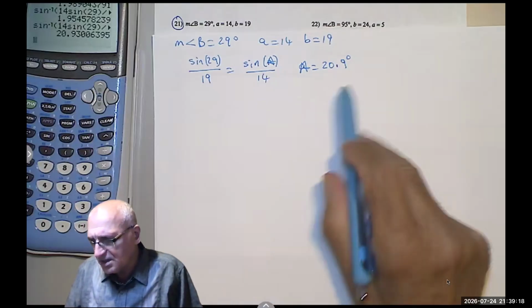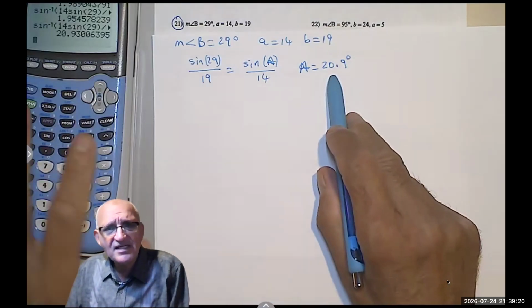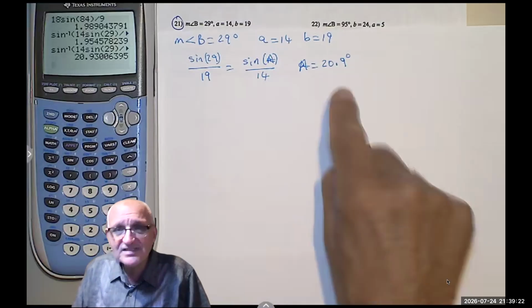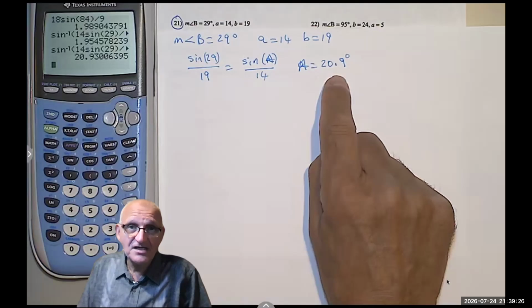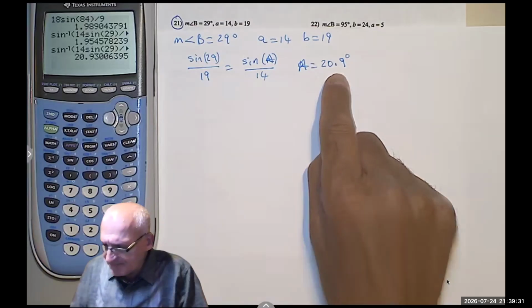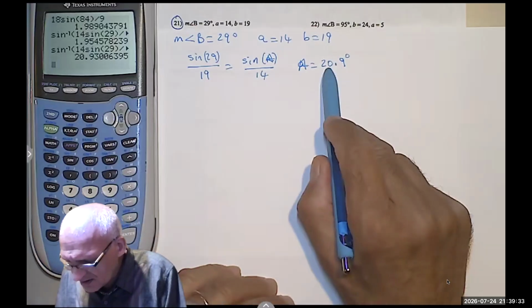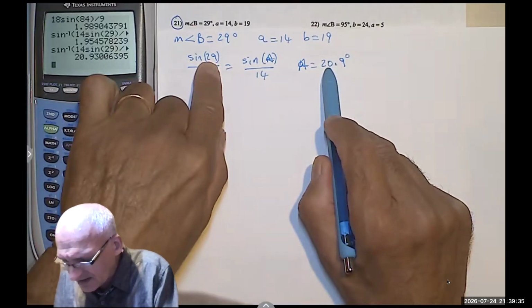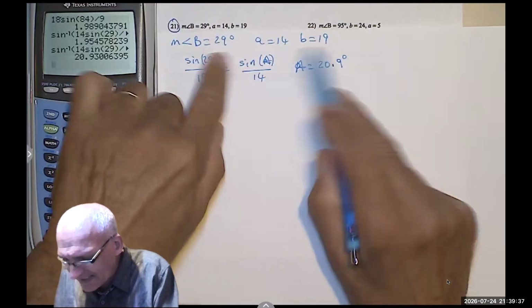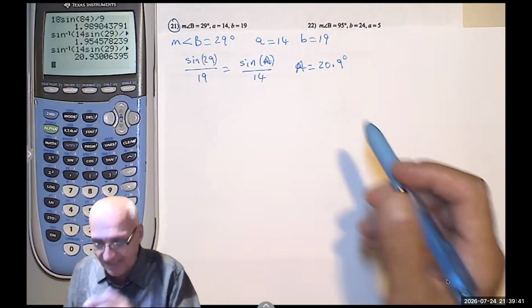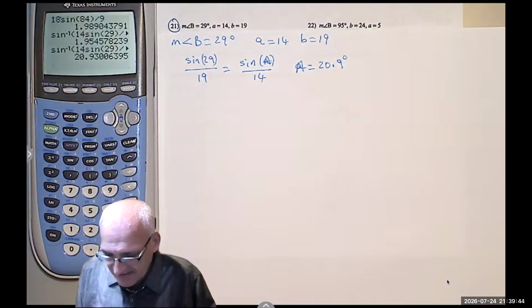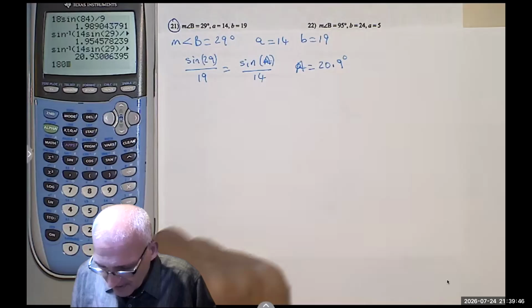And you say, no, it may be 20.9 or it may be 180 minus 20.9, which is roughly 159.1. Wait a second. If this is 159.1 and this is 29, they add up to more than 180. So what about angle C? It's impossible. Again, this angle, I say this or 180 minus that.